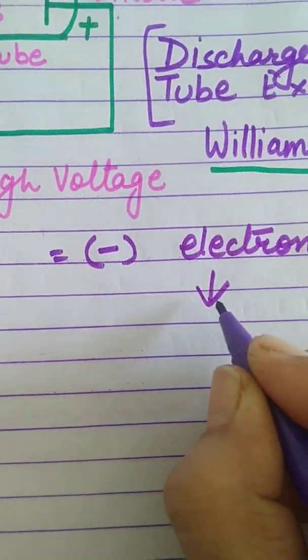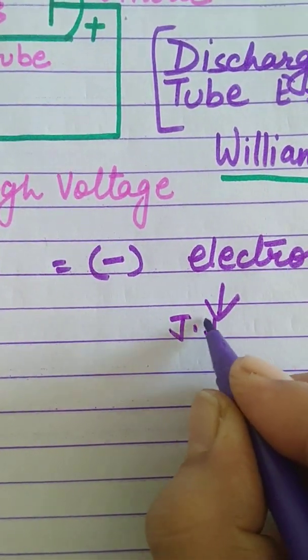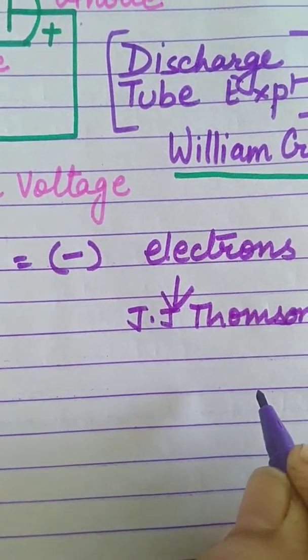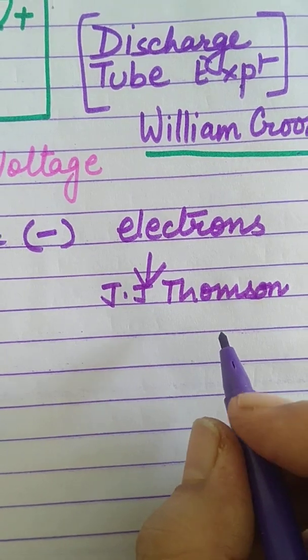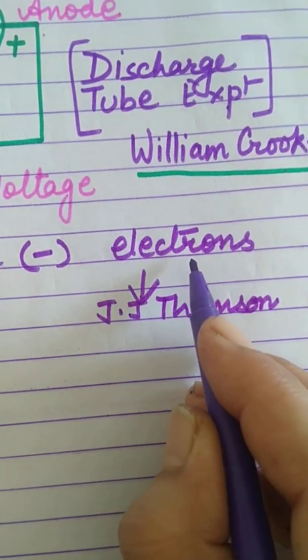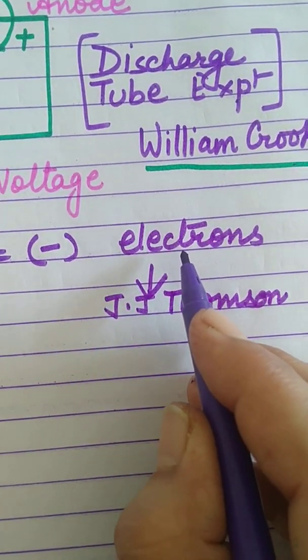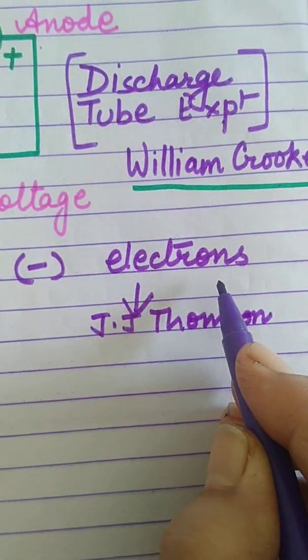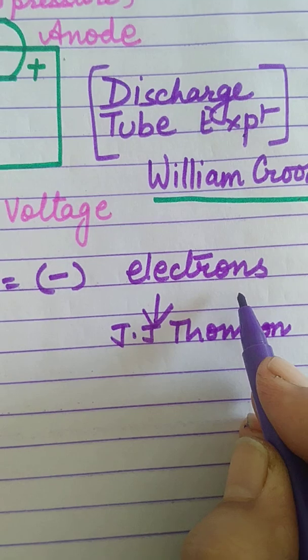So it was J.J. Thomson who identified the subatomic particle, meaning particle present in an atom, the negative particle called electrons.